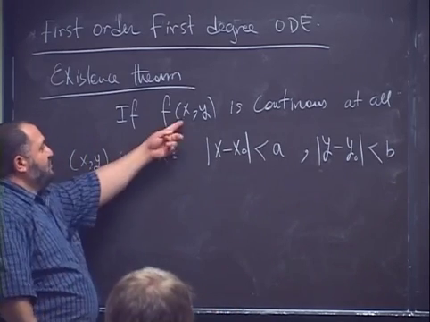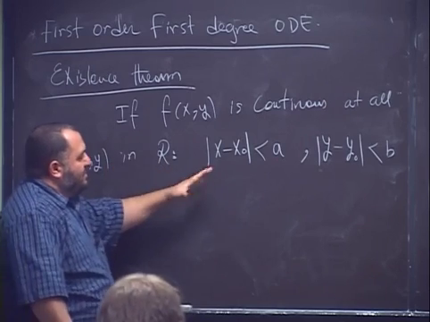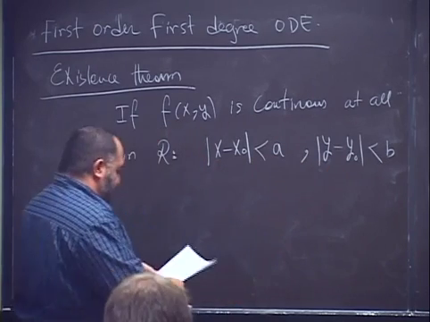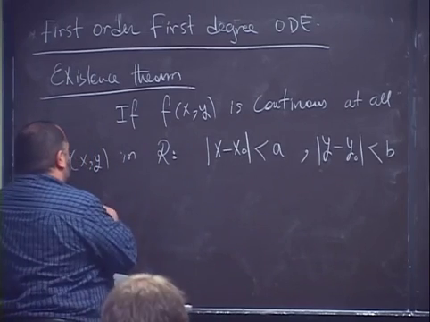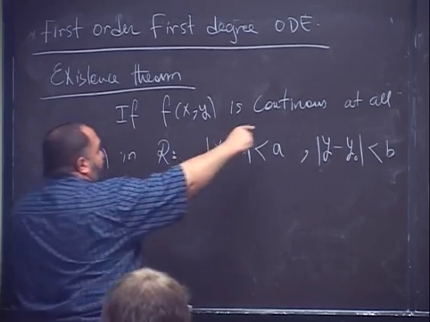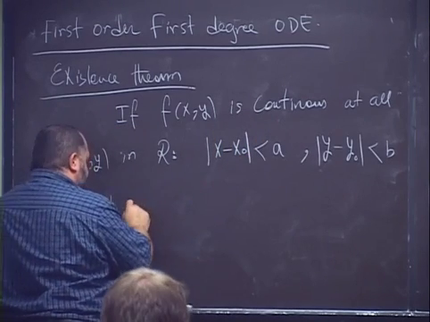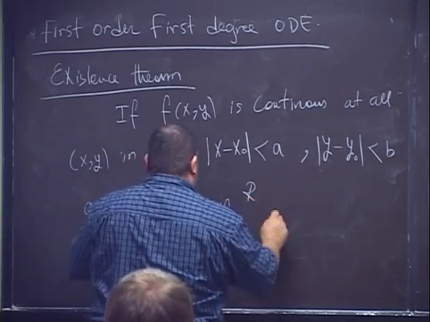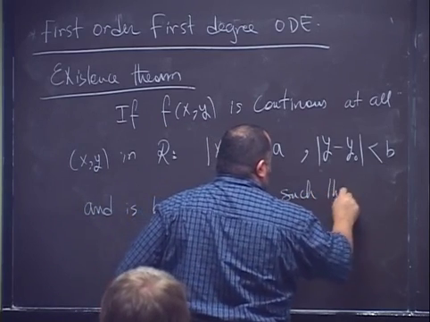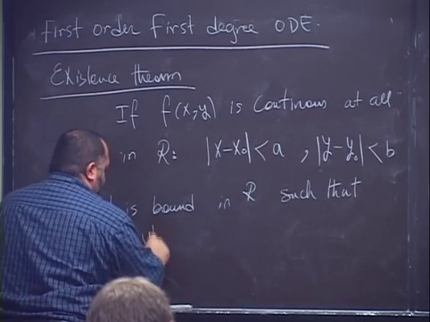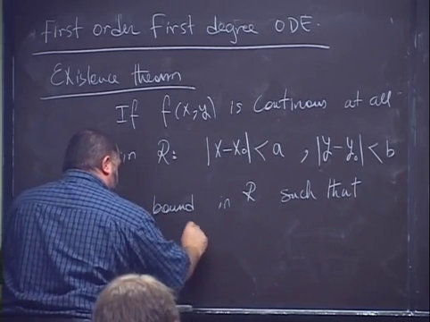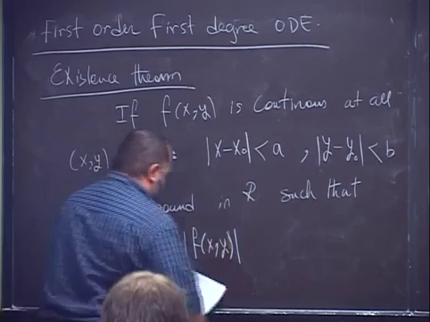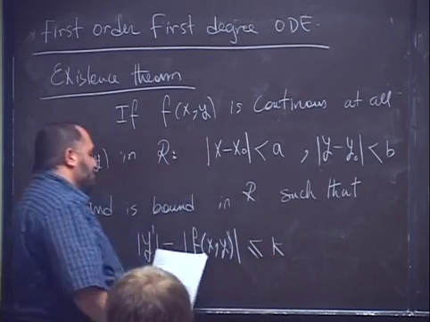So if the function f(x, y) is continuous in this domain given by |x - x0| less than some constant a, and |y - y0| less than some constant b, and the function is also bounded in R, such that |f(x, y)| is less than some constant k.